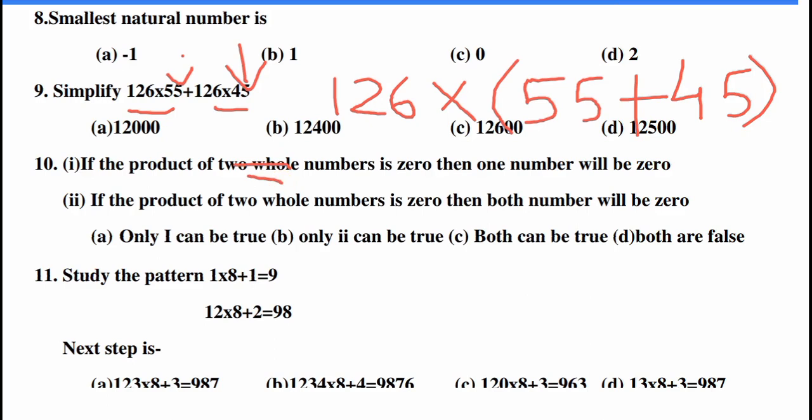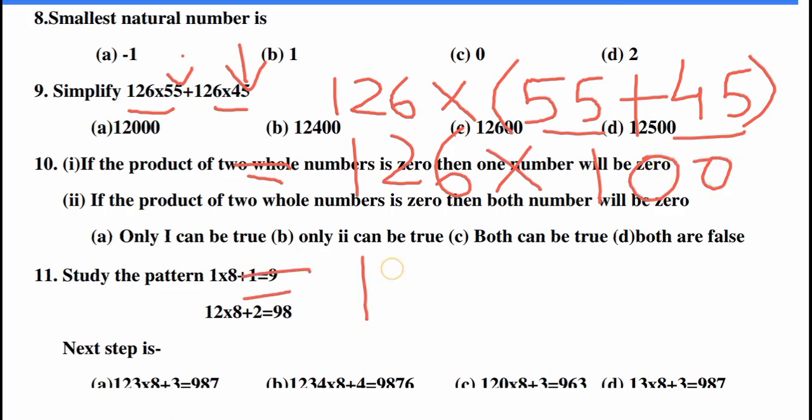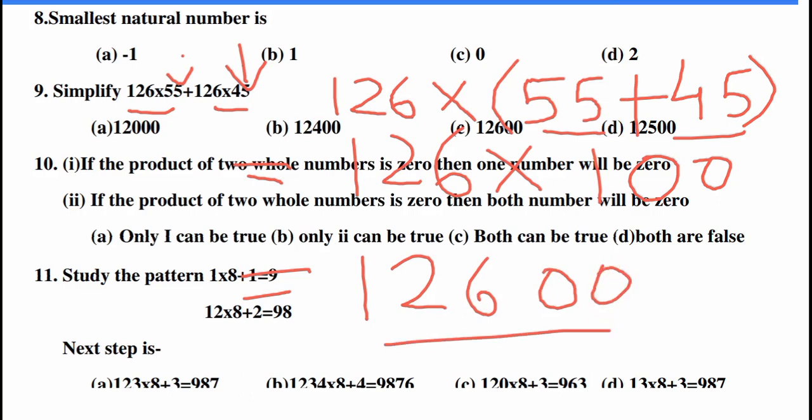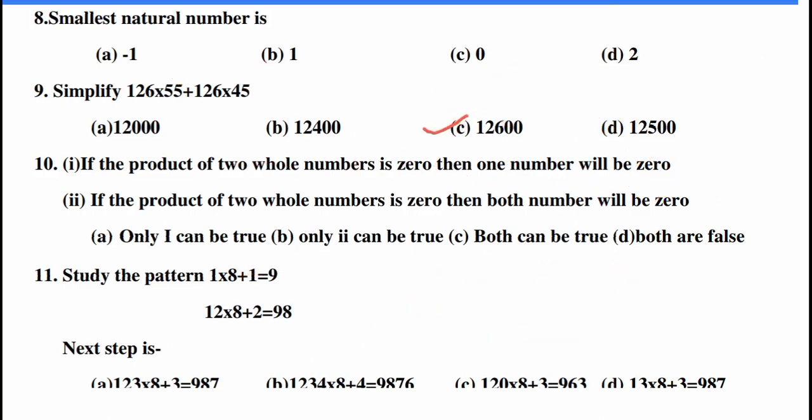This is the distributive property of multiplication over addition. We have used this property. And here 126 multiplied by 55 plus 45, which is equal to 100. Now we multiply these numbers and we have the answer 12,600, and it is given in option C. So answer is C.